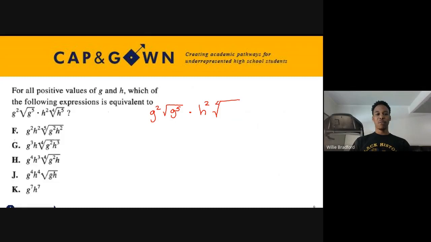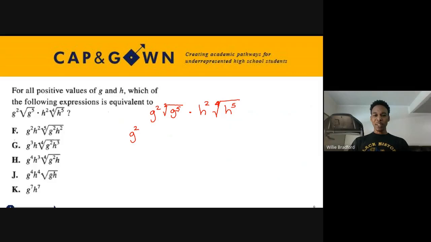And then we have the fourth root of h to the fifth. The fourth root. All right. So we're going to take the square root of g to the fifth. So since this is a 2, if you remember, we're going to take the g squared here.